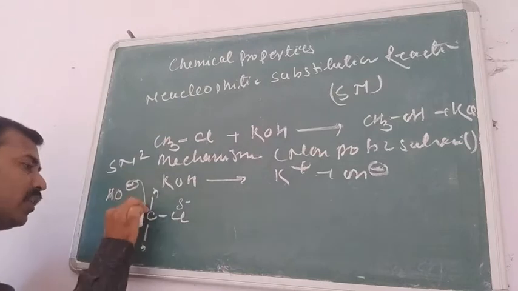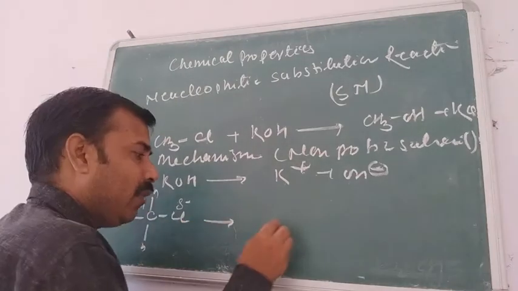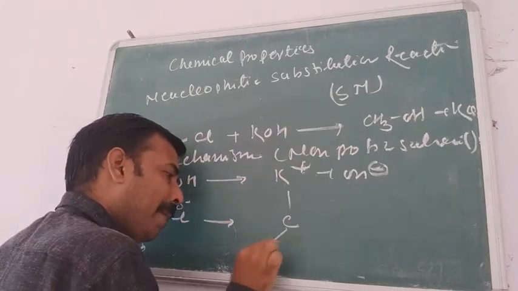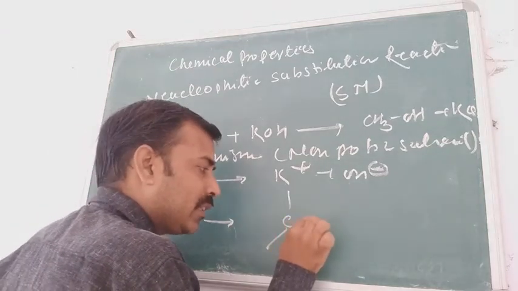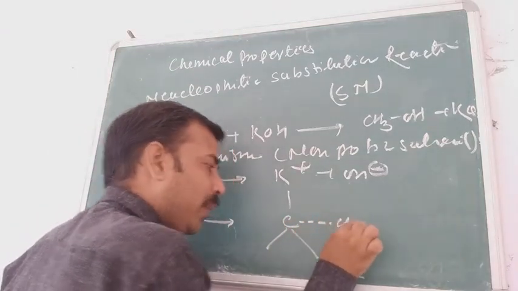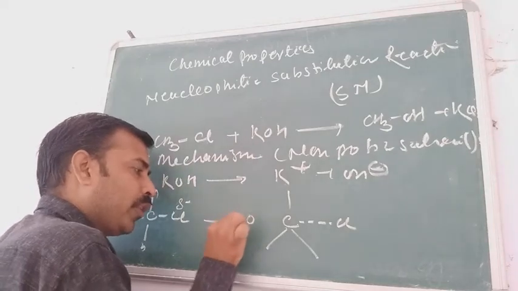And when this hydroxyl approaches, what happens? There will be a condition when one bond, the C-Cl bond, is about to break and the hydroxyl bond is going to form.